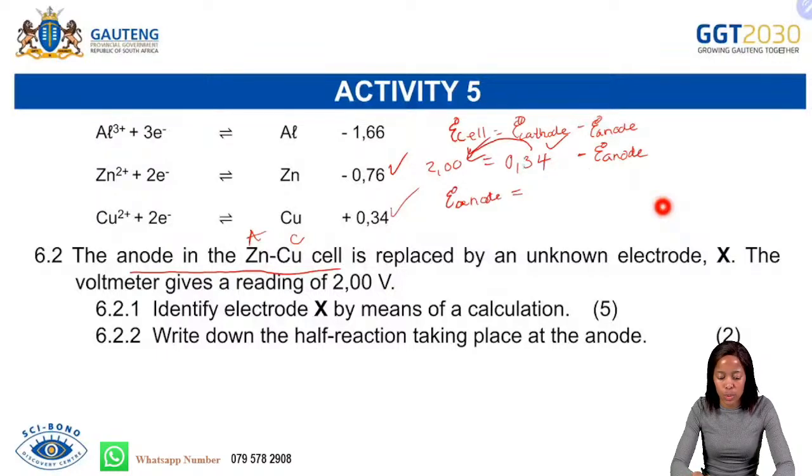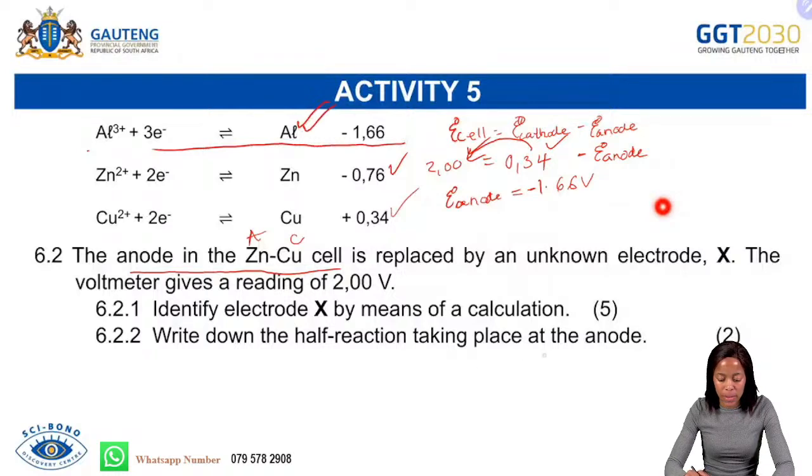And then we divide both sides by -1. We are therefore going to get a value of negative 1.66 volts. So if you look at your table 4B, your electrode will therefore be the aluminium.